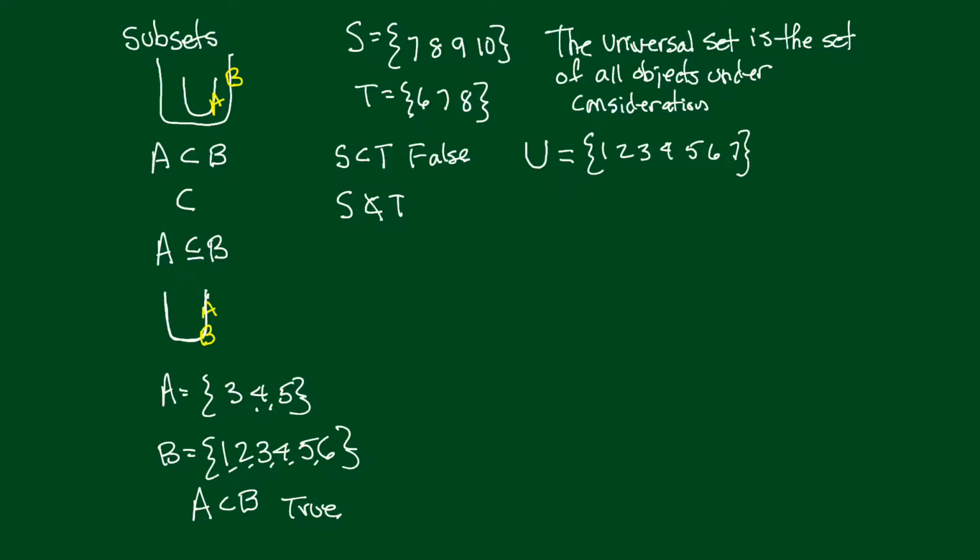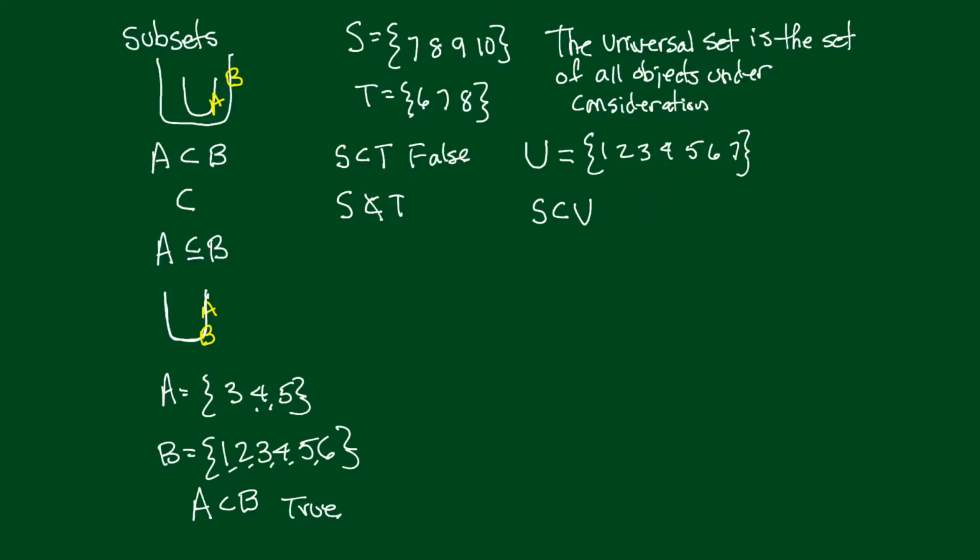Now, I don't want to confuse this with the symbol for union. It's different. Now, when I write it with this pen, it looks the same, but it really means the name of this universal set. This is the set of all the objects under consideration. So if I'm working with any set at all, then this has to be true. If I'm working with some set S, that has to be a subset of U, right? This is everything I'm considering, and I can only consider things that are part of the universe, right? I can't consider things that are not in the universe.